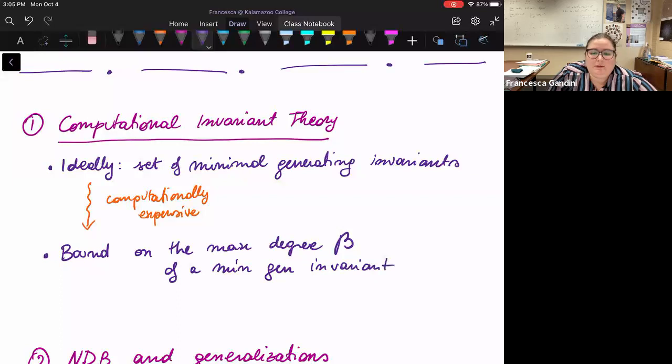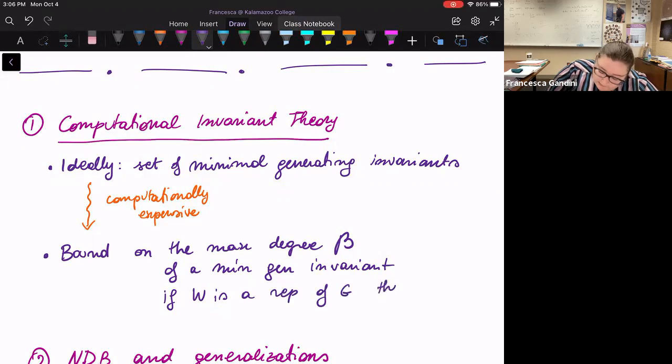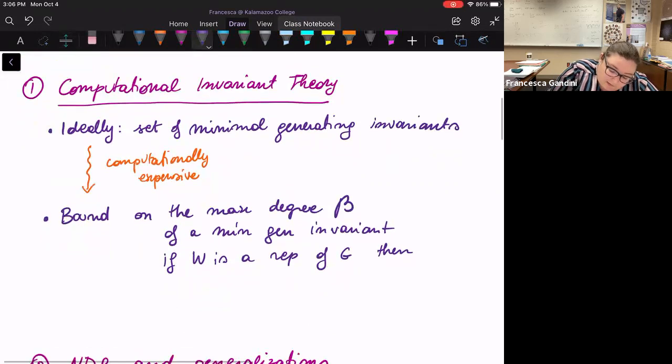In general, the bound will depend on the representation that you're looking at and the group that you're looking at. And so when we think about the bound independent of the representation, what we say is that if W is a representation, then what we would care about is a bound that is independent of the representation.